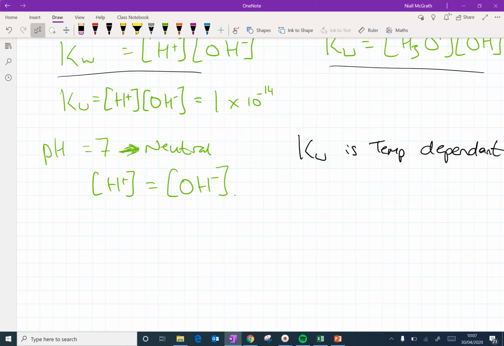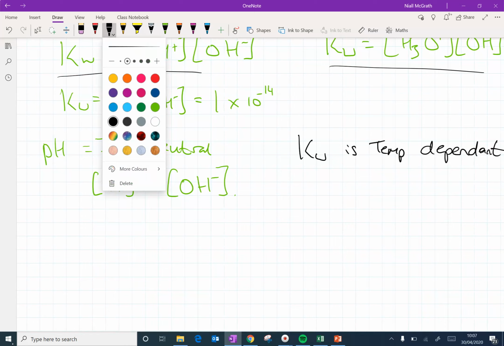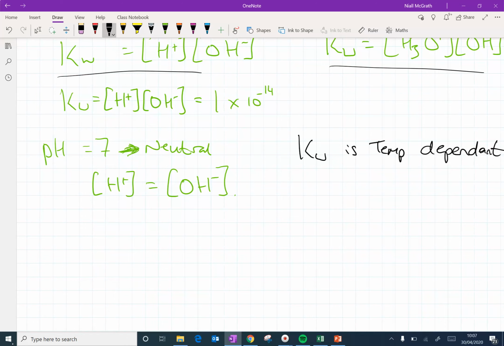The fact that it's at 25 degrees, room temperature, would support that. If it had a different temperature, we'd be looking at something slightly differently. But at room temperature, water is going to be neutral, or at a pH of 7 usually, and in exam questions, that's what they go with as well.